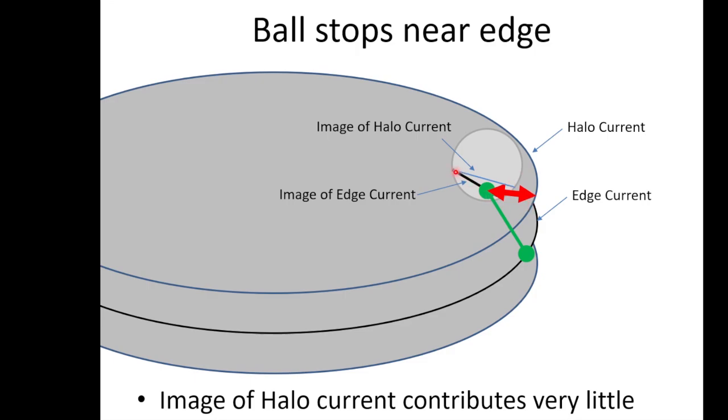But what's happening, because we have an image of the edge current in the magnetized material, that edge current is now resisting against the halo current. And there's going to be a point here where these get very close together, such that this force of repulsion from the halo current is going to override whatever component of force is remaining here, and this ball is going to very stably stop before the edge.